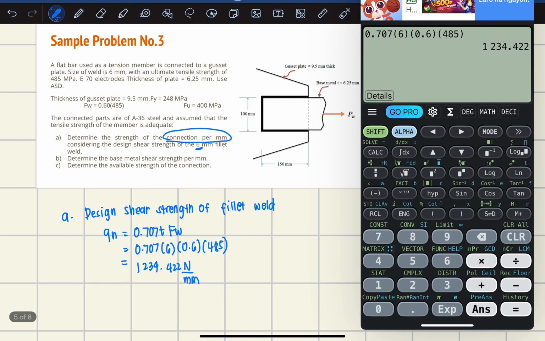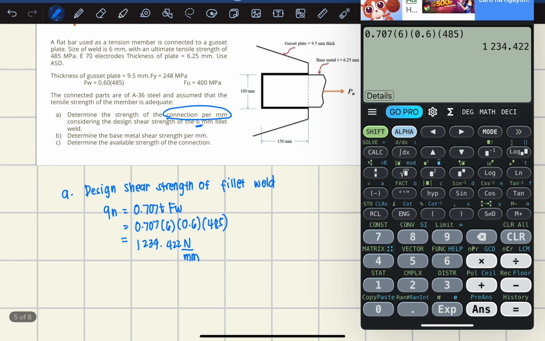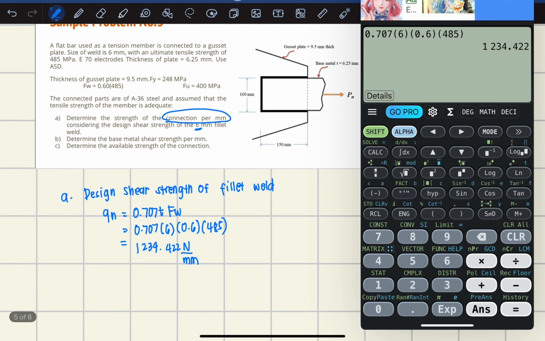But, hindi pa to yung final since kailangan natin siyang i-divide sa omega para sa ASD na design philosophy.